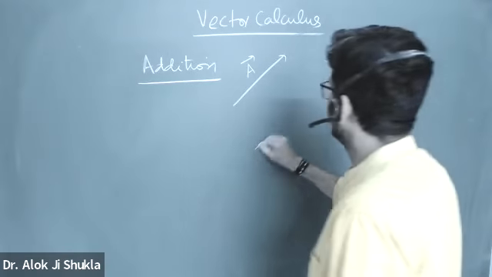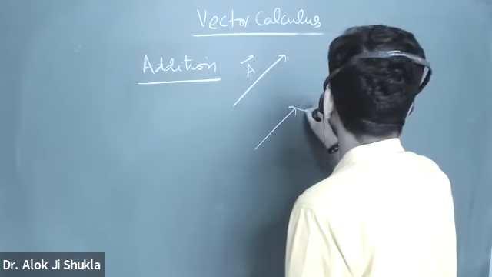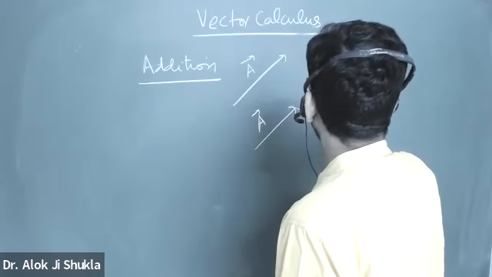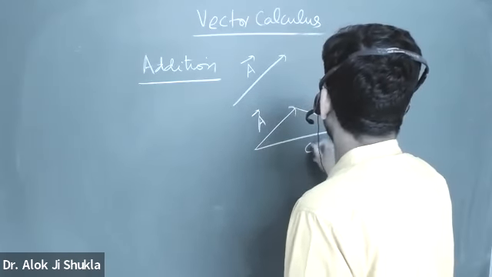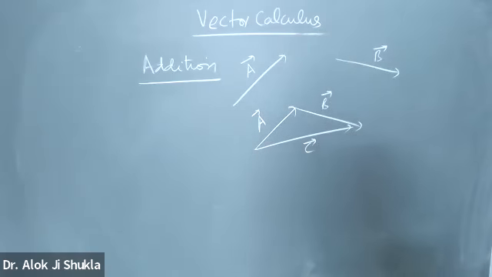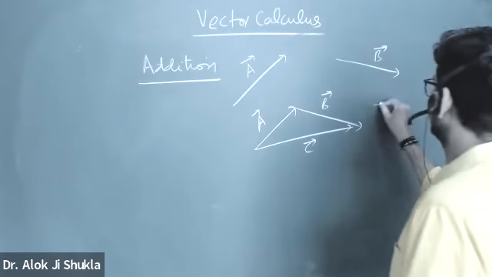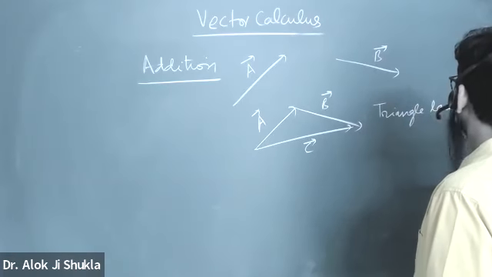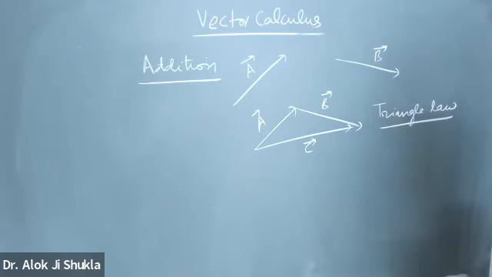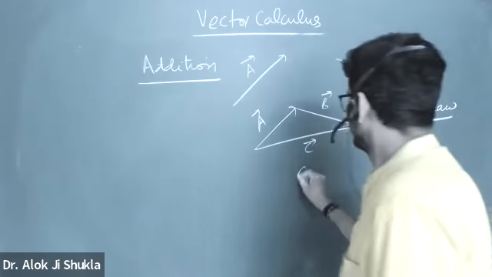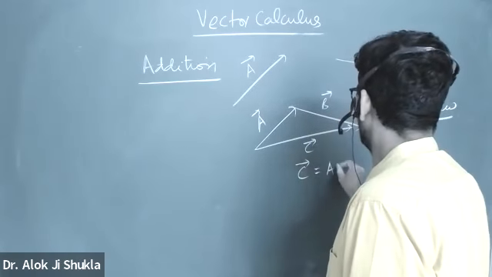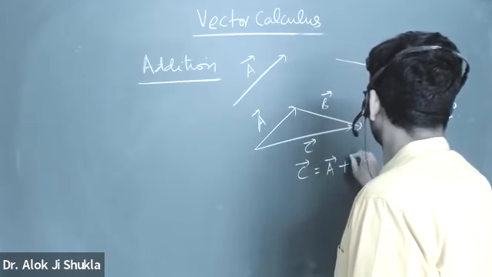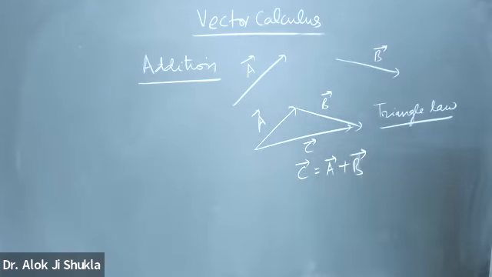So without changing the direction, you bring it like this, A and B, and this will be the addition of the vector C, known as triangle law. Vector C will be equal to vector A plus vector B.